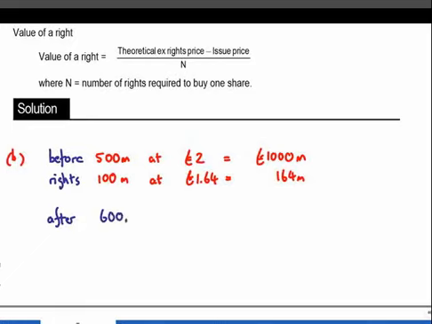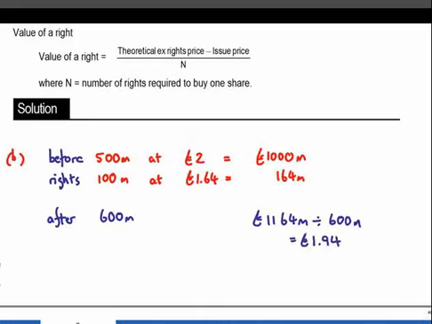£1,164 million. So to work out the theoretical ex-rights price, we can just take the £1,164 million, divide by 600 million shares, and that will give us £1.94. So we can see that the share price has here gone down from £2 to £1.94.